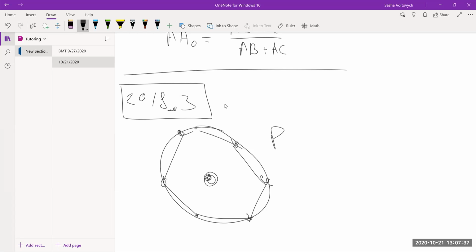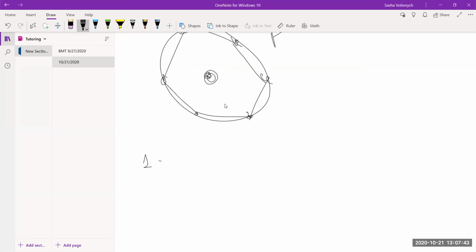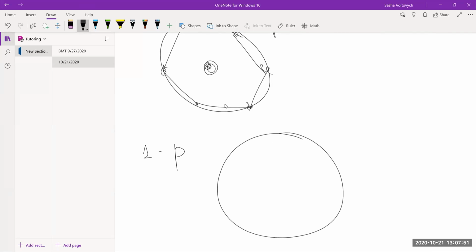So suppose it has a probability p. So my claim is that it is easier to compute 1 minus p. Why? So 1 minus p is the probability that the origin is not contained inside this n-gon. So maybe it looks somewhat like this.